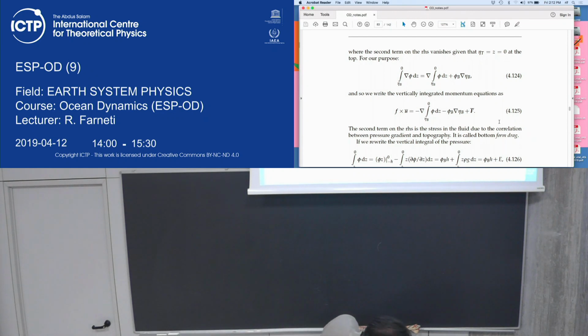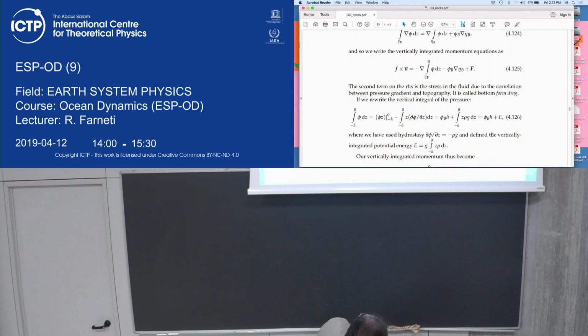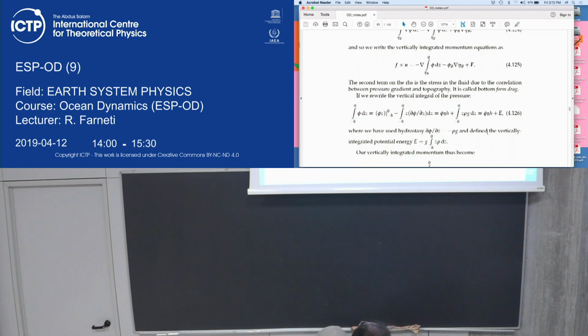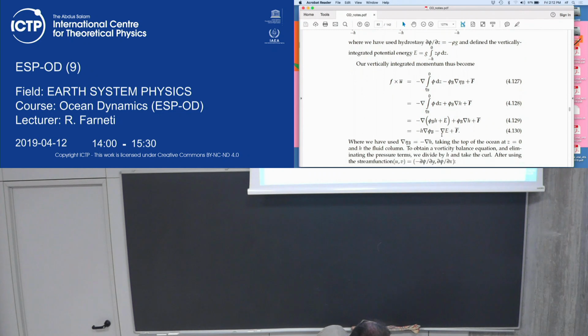You can rewrite the vertical integral of the pressure this way, and then there's an extra term here, which is a potential energy term, due to the fact that the ocean is stratified. Right? And then the vertically integrated momentum equation becomes this. You substitute these two terms, and finally you have these terms over here.